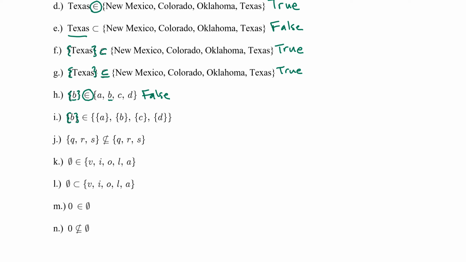Look how this is changed in example I. I still have my set symbol over here, and I'm still using the set membership or element symbol. But now notice that every element of the set on the right is also a set itself. So this is true. That is, this is an element, an identical element that I can identify in the set on the right side.